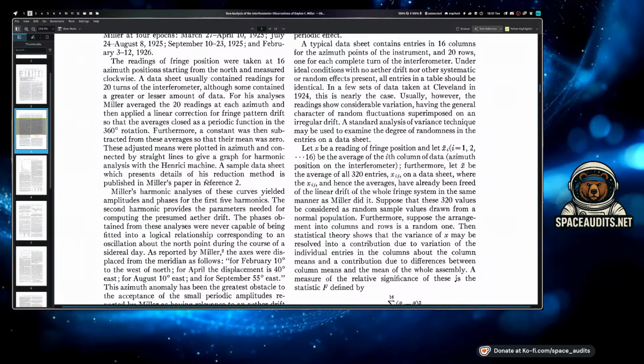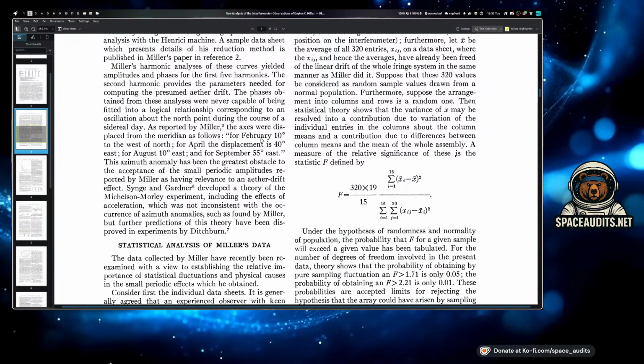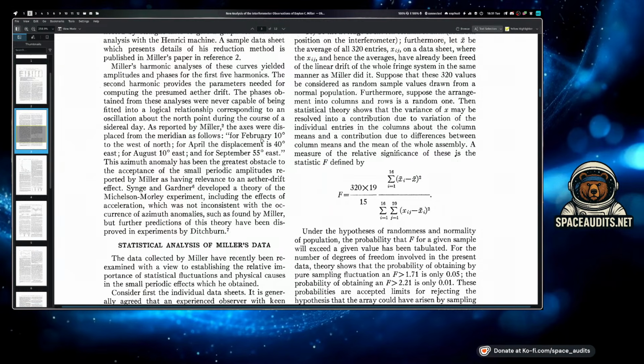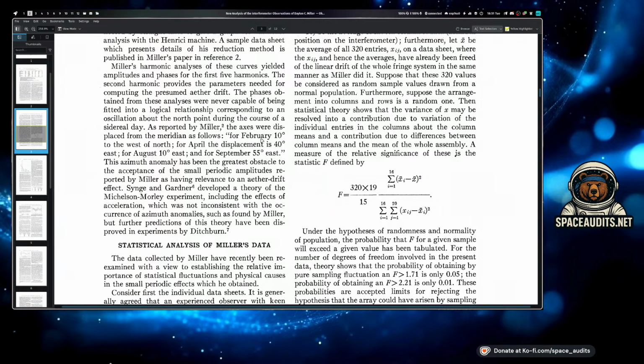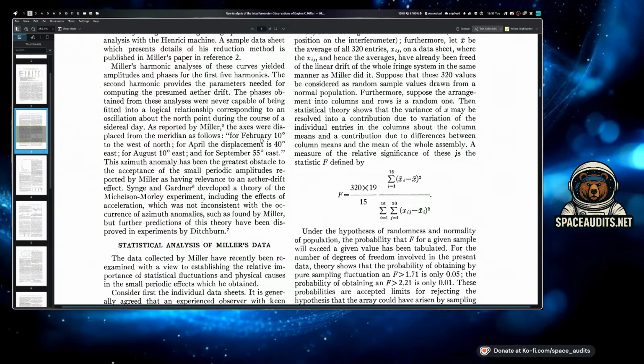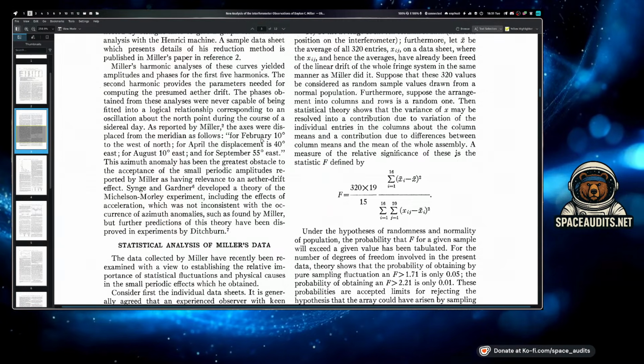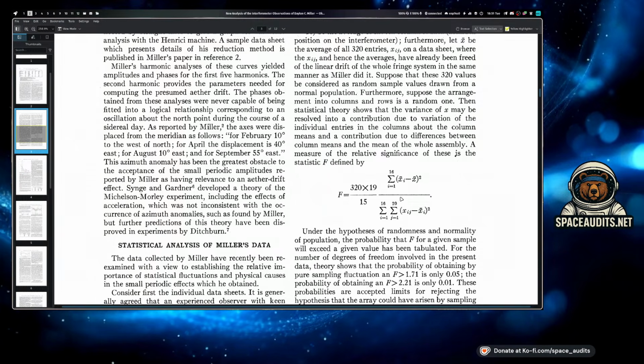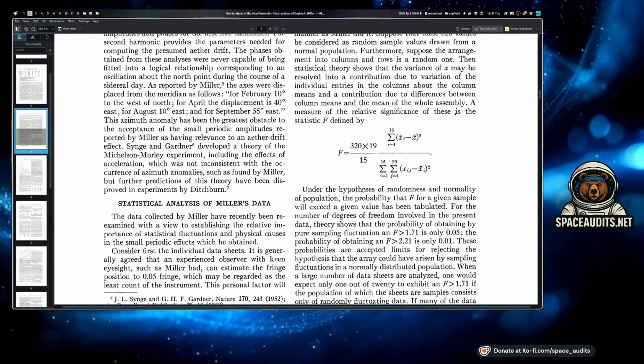A measure of the relative significance of these is given by the statistic F, defined by F equals 360 times 19 over 15, and then the summation over all the other data sheets.